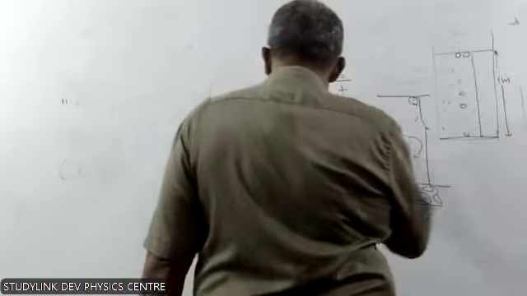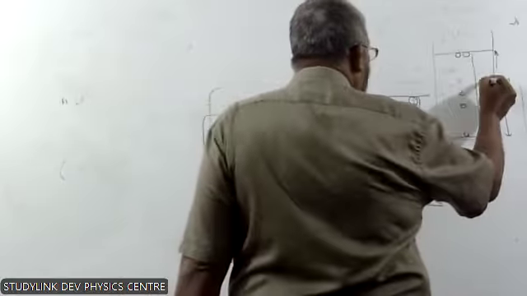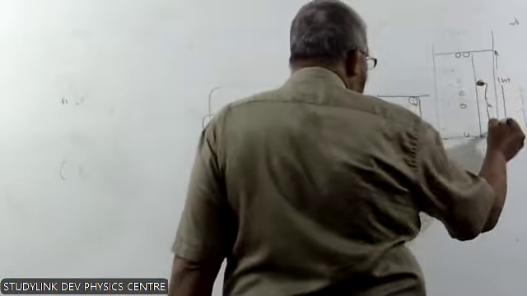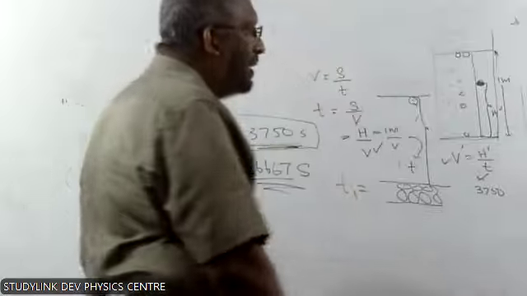So within this time, the one which is at 1, I will consider. Then h dash. Now what you do is, new terminal velocity v dash equals h dash divided by time. Time is taken as 3,750. And v dash is known. Then h dash you can calculate.